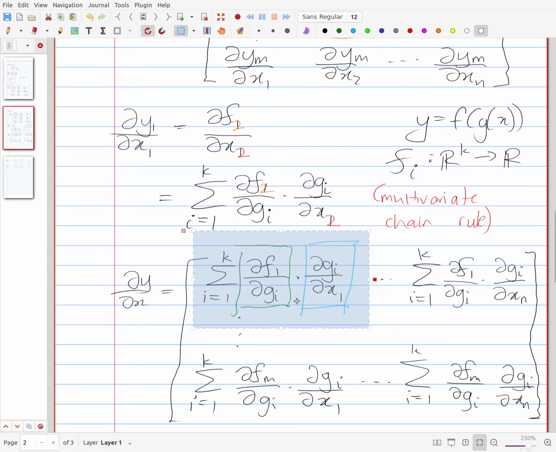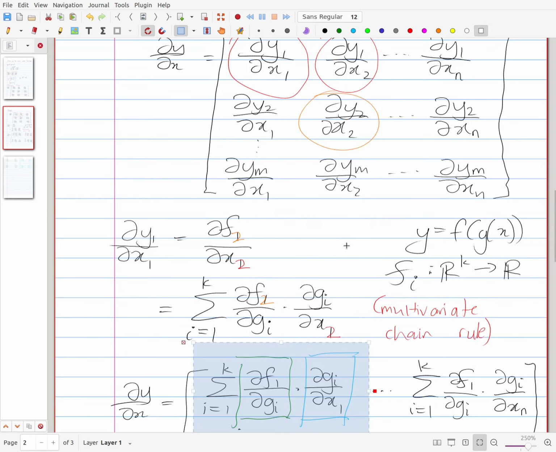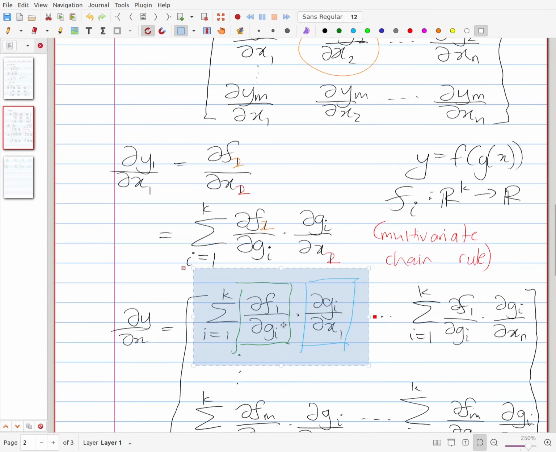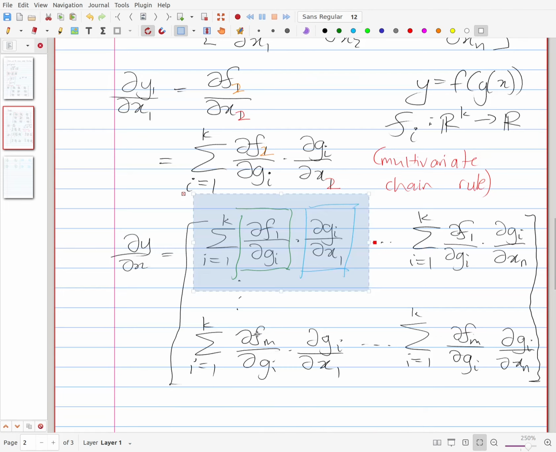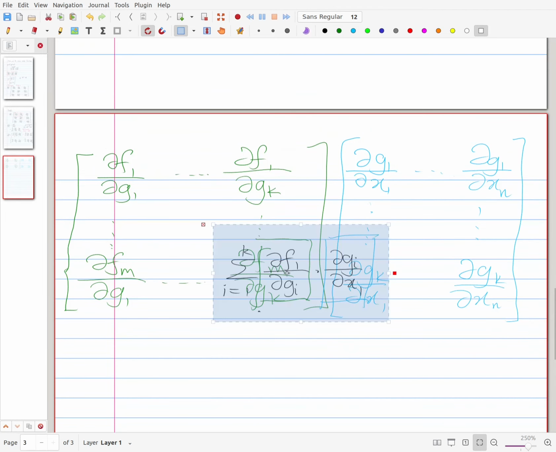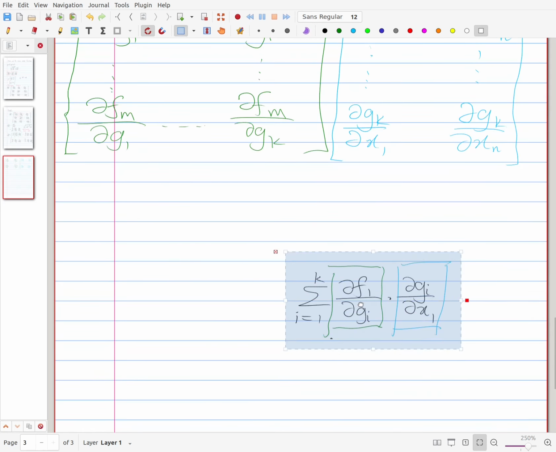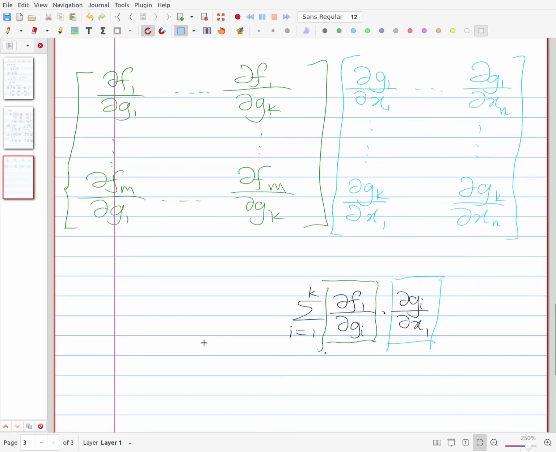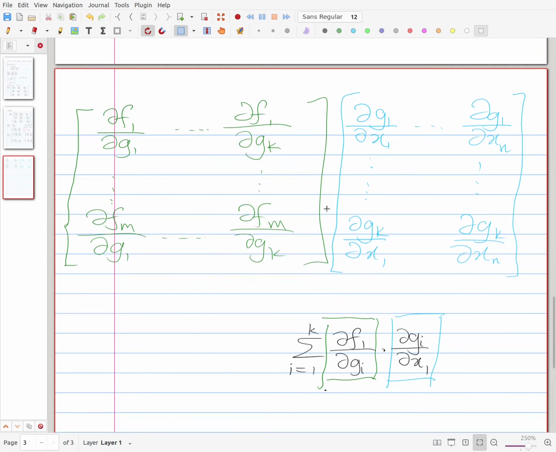So this first component of our matrix, sorry, the first row and first column, we want looking something like this. So I'll just copy that down here. And let's have a look at what happens when we multiply the first row and first column.